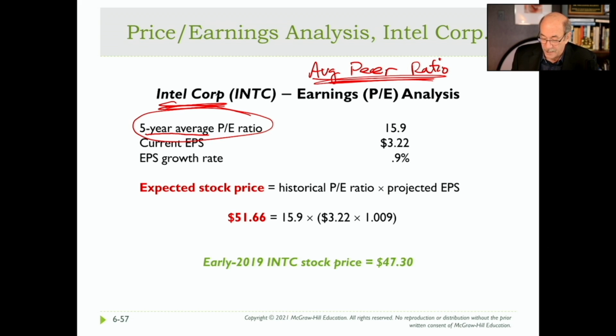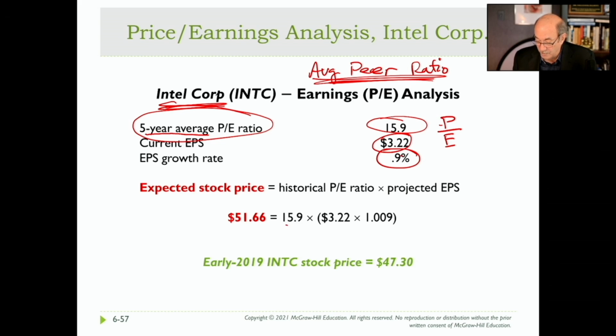So if I have an average PE, whether it's historical or from my current peers, of 15.9, so that's P over E, and I have an earnings per share of $3.22 that just was reported. Now remember, I'm always looking forward, so I always need to grow that earnings by some growth rate. Here we're estimating the growth rate of earnings to be 0.9%.